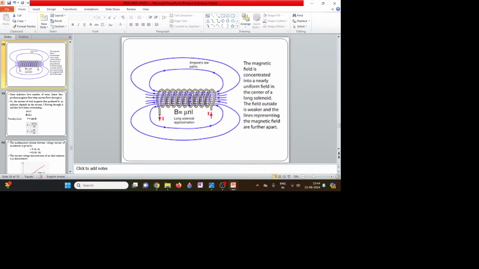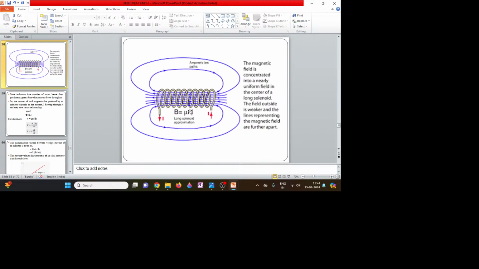Some of the flux lines may travel in concentric circles. Some may travel through the air and just vanish away in the air. This coil is made of a conducting material and will also have some resistance, but we are neglecting it. We are considering it as an ideal coil.